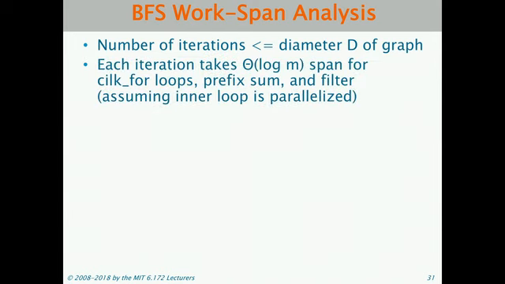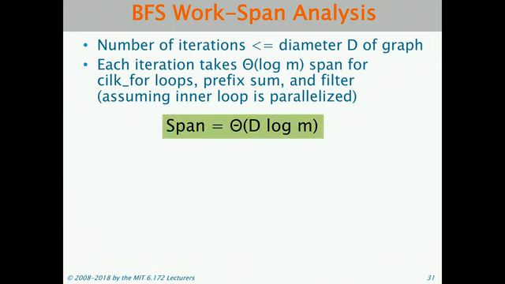Each iteration is going to take log m span for the Cilk for loops, the prefix sum, and the filter. This is also assuming that the inner loop over the neighbors of a vertex is parallelized. So to get the span, we just multiply these two terms, so we get theta of d times log m span.